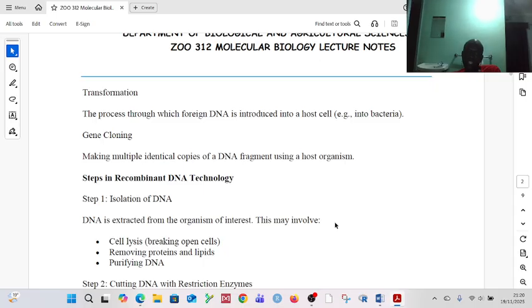So you are making many identical copies because a particular segment of DNA will be replicated to create many other copies that are identical to that particular segment that is being replicated. So mostly this creation of multiple copies will be taking place inside the host organism. So it's the machinery of the host organism that is now helping to do this gene cloning.